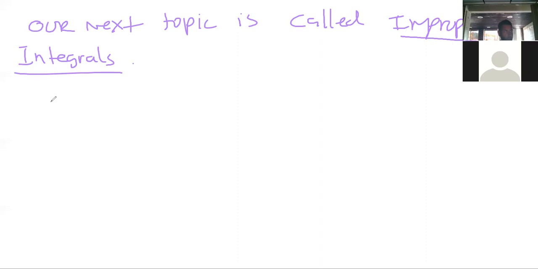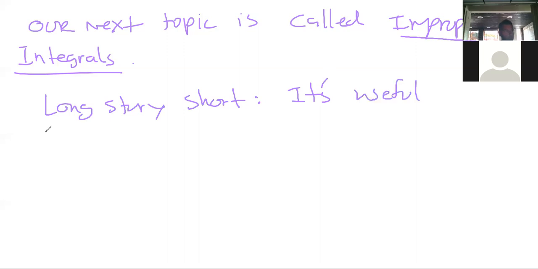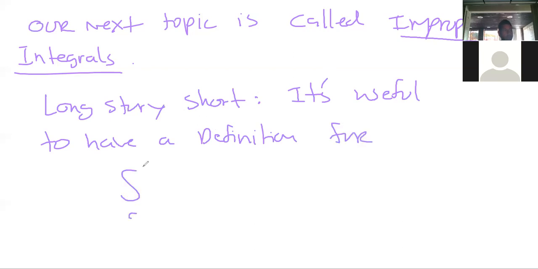Long story short, it's useful to have a definition for this. Typically we have the integral from a to b, but just for mathematical fun and for real world problems, it's useful to ask, can we integrate up to infinity, if our upper bound is infinite?